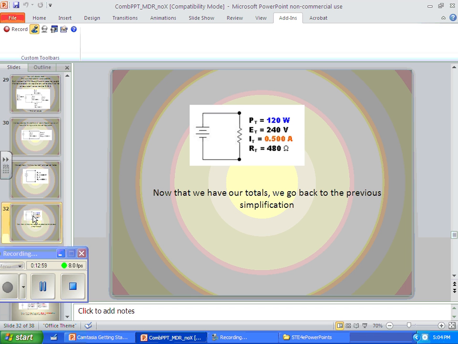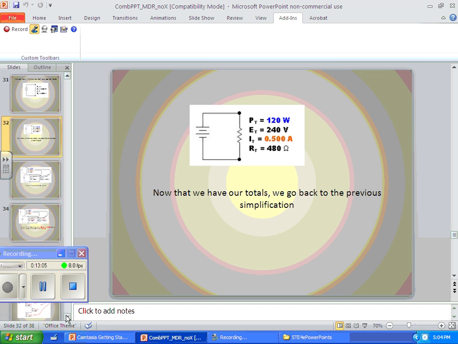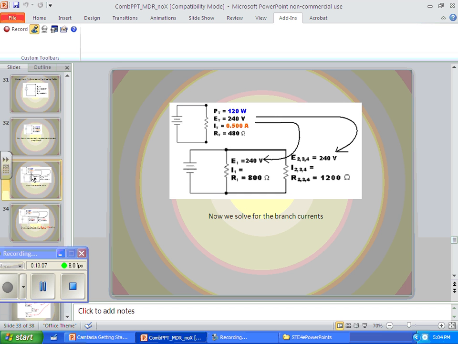So we could get our power total by multiplying up. And if we went back to the next simplification back, we would take our parallel branch. We take our voltage because voltage is common in parallel. So we're going to plug in our 240 in both the branches, and we'll get a current in each one.